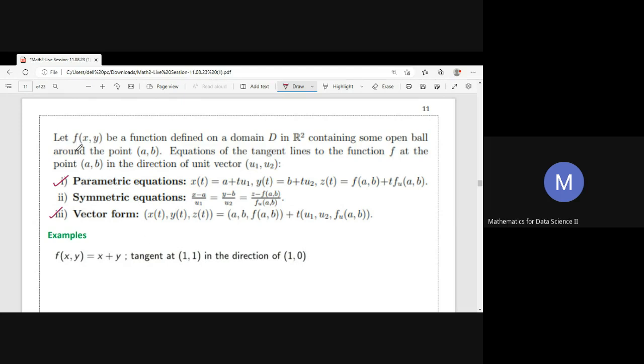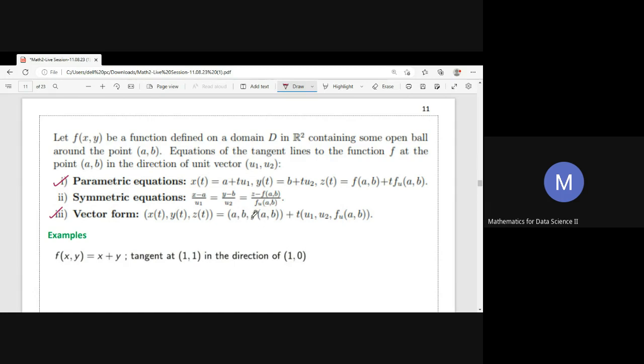Okay, so let f of x comma y be a function defined on a domain D in R2 containing some open ball around a comma b. So the equations of the tangent line to the function f at the point a comma b in the direction of the unit vector u1 comma u2 is given by: the first 2 coordinates, a and b, remain the same.